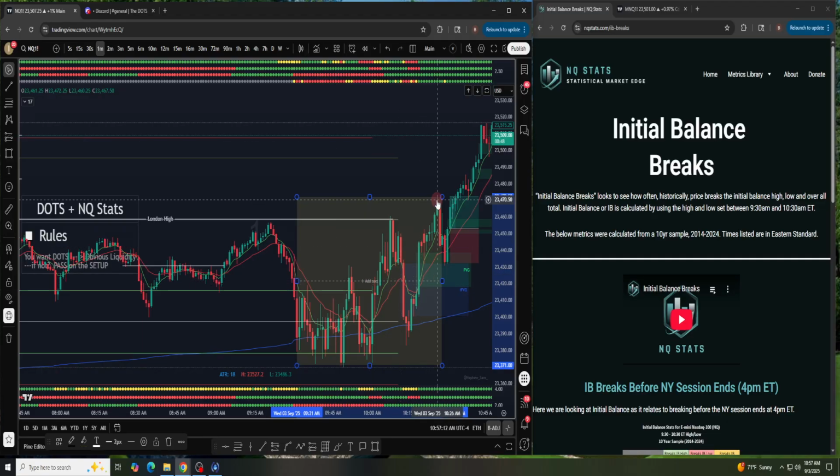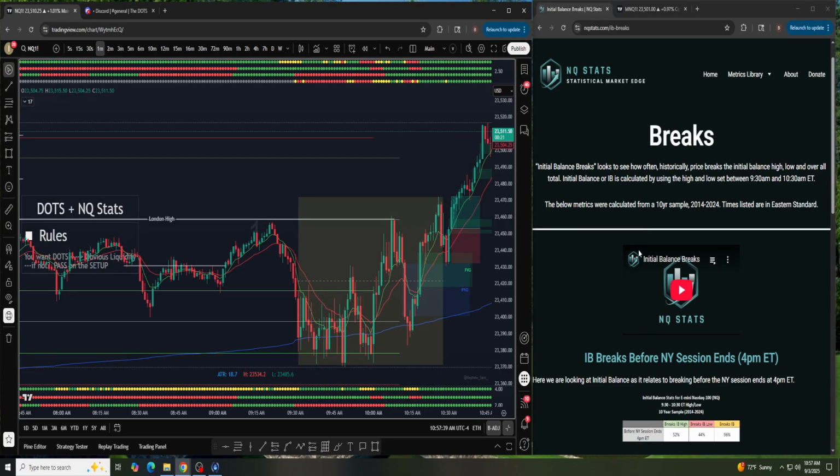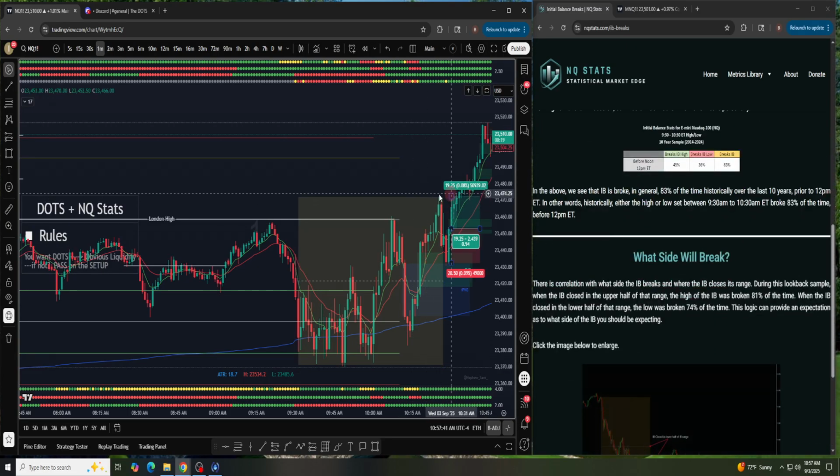If price at 10:30 is in the upper 50% portion, don't quote me, there's about an 80% chance that the initial balance high is the target. You can see we get a dots reset right here, a very simple setup: green dots to obvious liquidity, to a statistically probable liquidity point using the initial balance high.